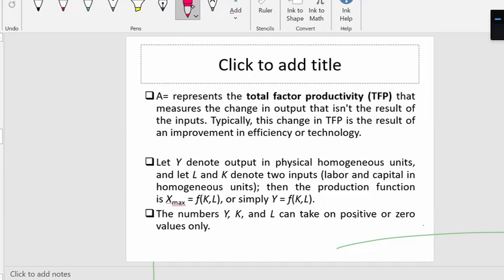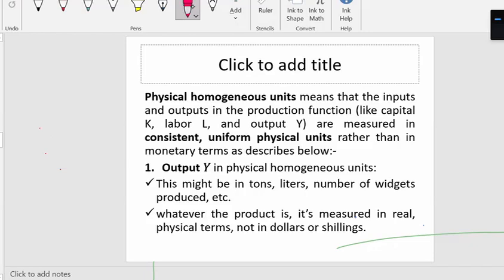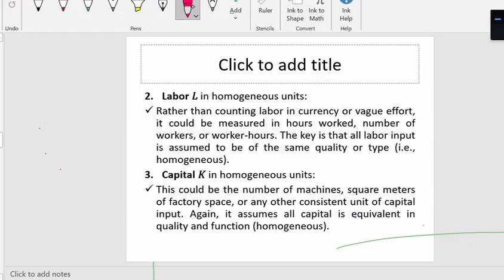This was just an example, lakini Y is a physical homogeneous unit. I've already explained. Labor, this is a homogeneous unit. This capital, so this is what? K can be machinery or any other things.